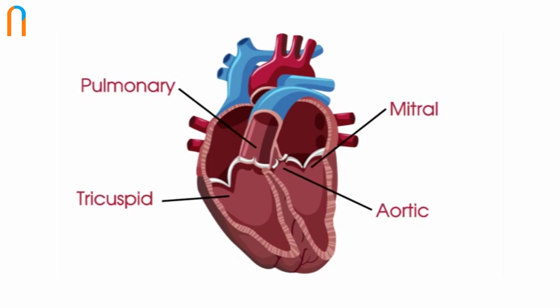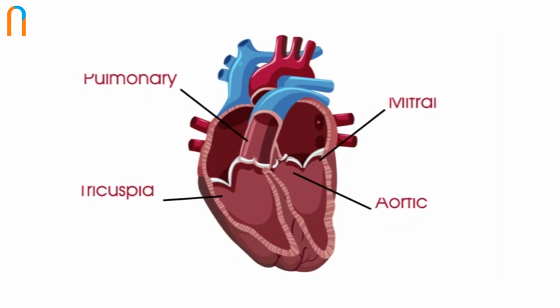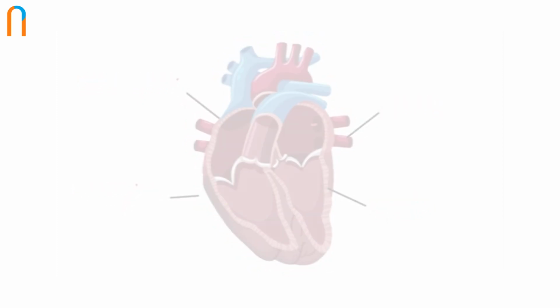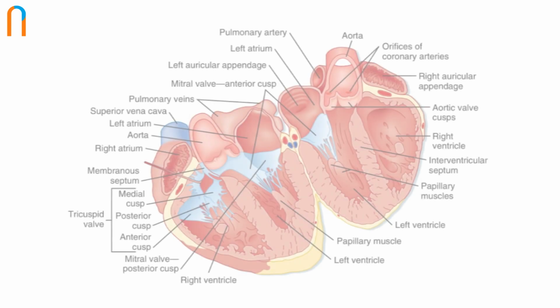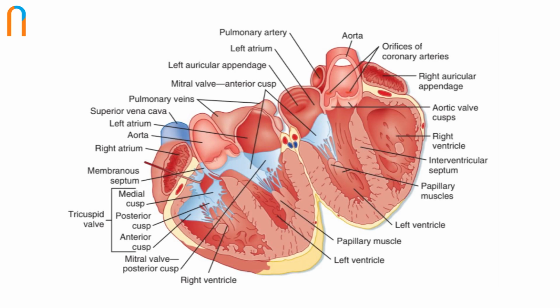The total area of cusps of each atrioventricular valve is approximately twice that of the respective atrioventricular orifices, and so considerable overlap of the leaflets occurs when the valves are in the closed position.